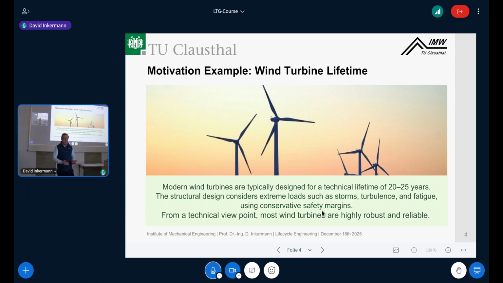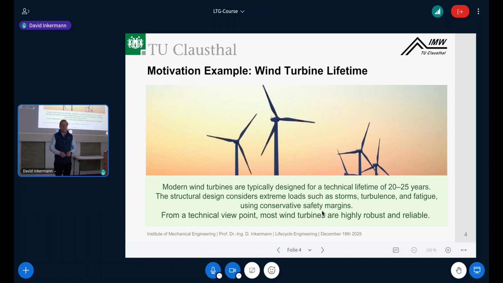It's a technical lifetime that they can be used for 20 or 25 years. And this raises questions with regard to the structural design, so we have to understand the loads, but we have also to understand the storm intensity, turbulences, all fatigues that might occur during the use phase of this 20 or 25 years.